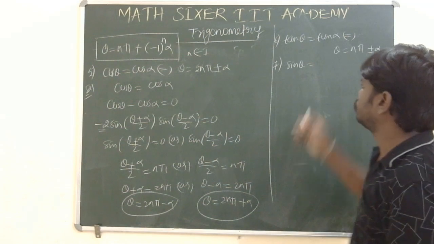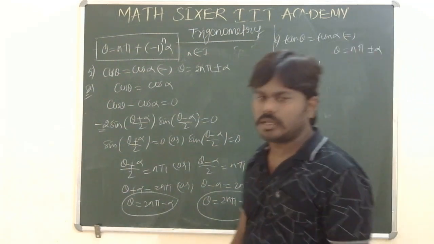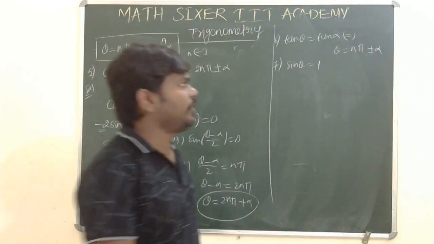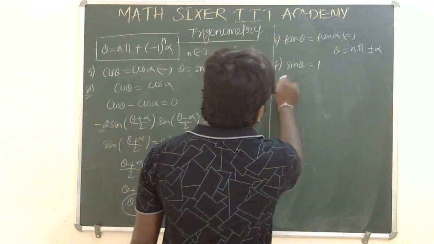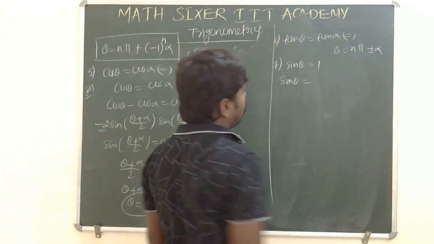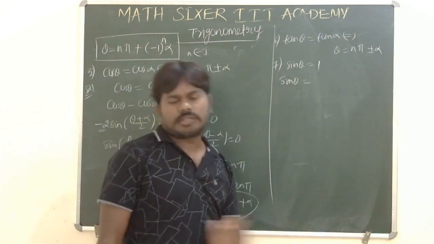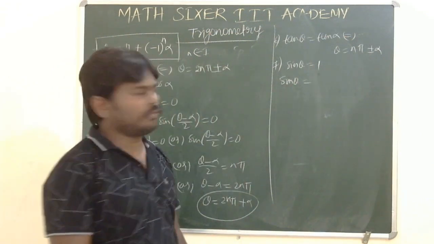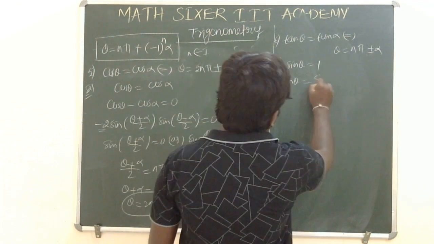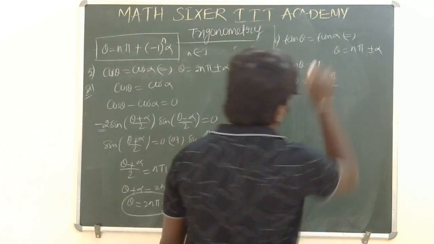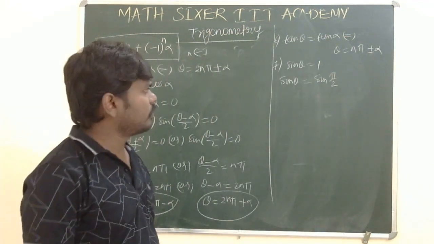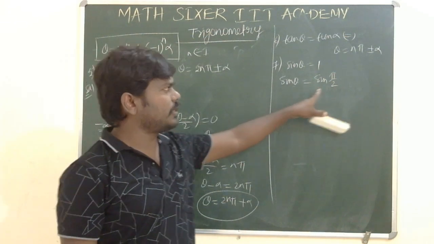One more point here: suppose sin theta is equal to 1, then what is the value of theta? Sin theta is equal to 1 means sin pi by 2, so we can write sin theta is equal to sin pi by 2.